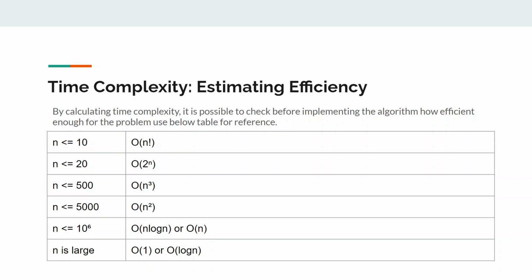If n is large, it could be O of 1 or O of log n. So all this information helps us quickly estimate the time complexity without even writing the code for the program. It helps you make predictions about how efficient your solution is.